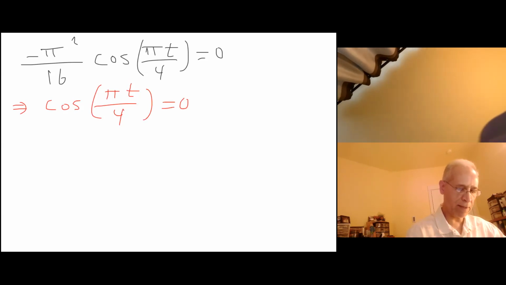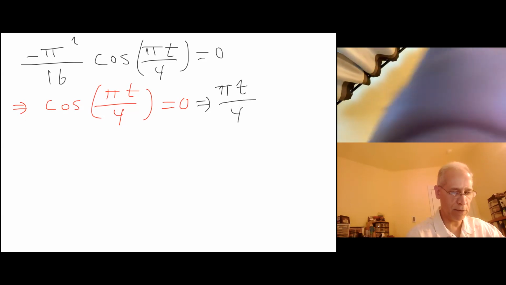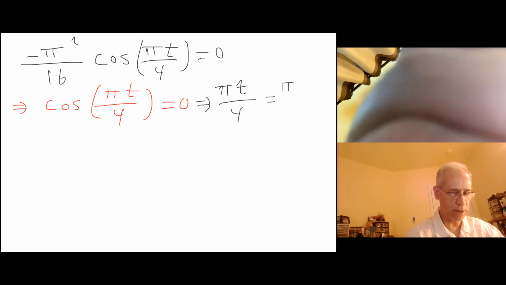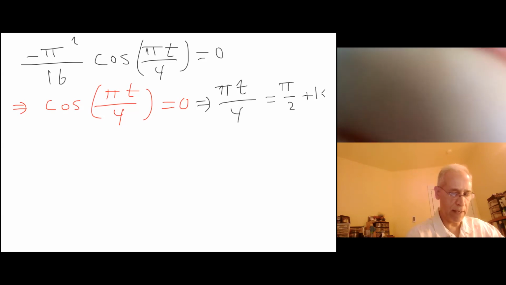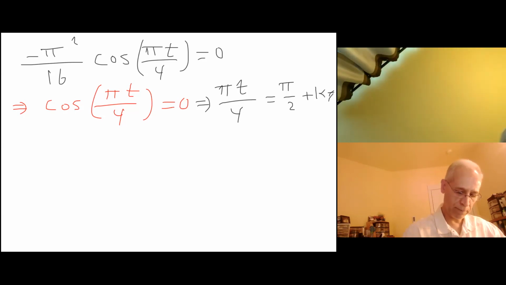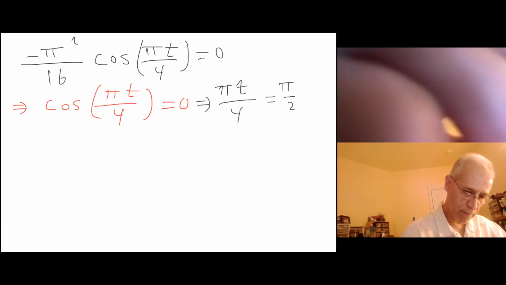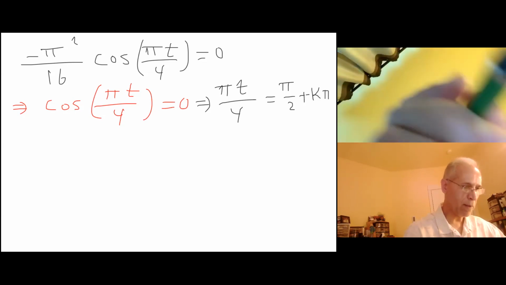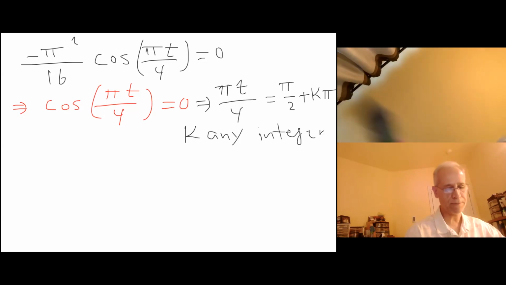What does that mean? That means pi t over 4 equals pi over 2 plus k pi, k any integer.